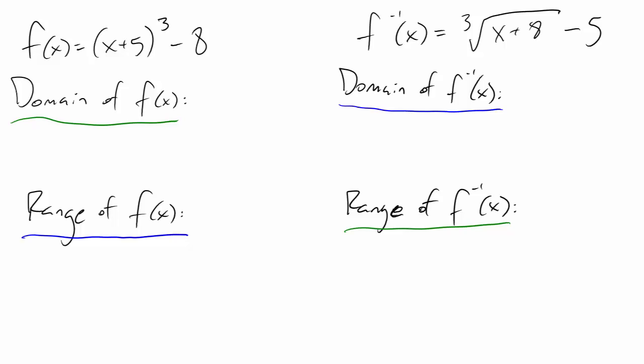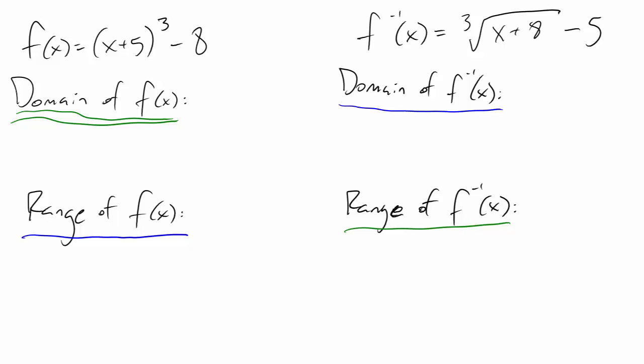But first, our domain of f of x here. With f of x equaling the quantity x plus 5 cubed minus 8, we want to look for things that don't work, anything that would be illegal. Adding 5 to something isn't illegal, so there's no problems there. Adding the cube to it doesn't really change anything either.